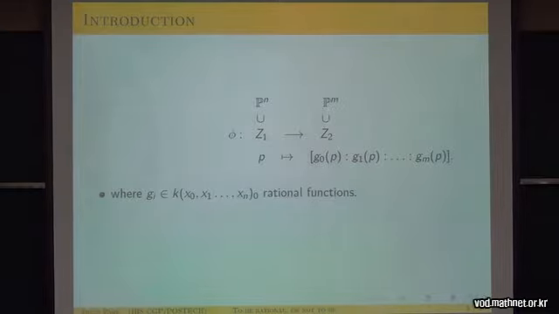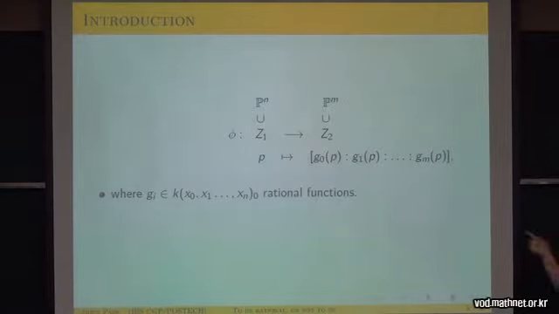Otherwise, it's not a well-defined function because, as I told you, each point has infinitely many representatives. So if you apply these representatives to the polynomial, it's not well-defined; you will have different values, right? But when you have a homogeneous polynomial over a homogeneous polynomial with the same degree, then it is well-defined, right?